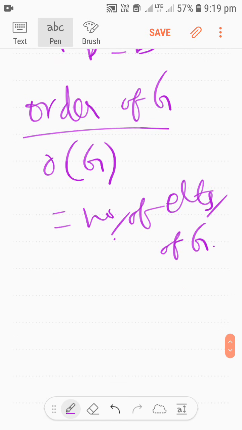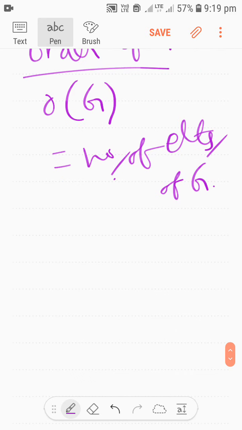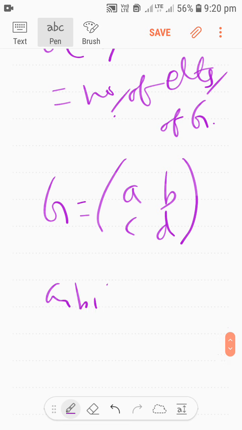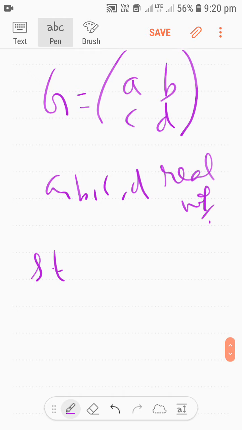Now we are going to see some examples for this. Suppose G is the set of all 2 by 2 matrices (a, b, c, d), where a, b, c and d are real numbers, such that ad minus bc is not equal to 0.